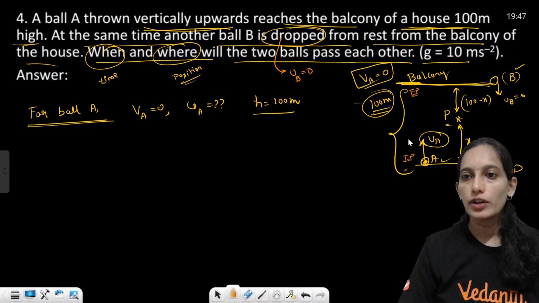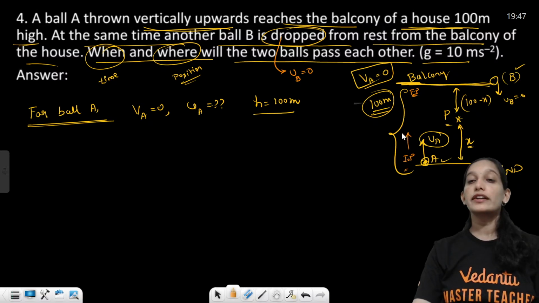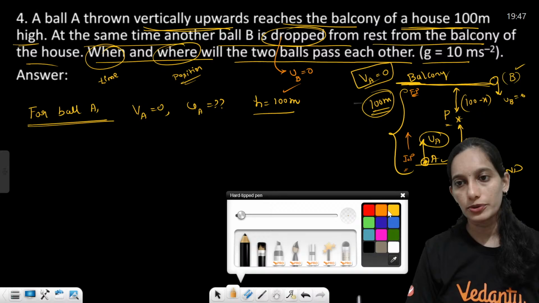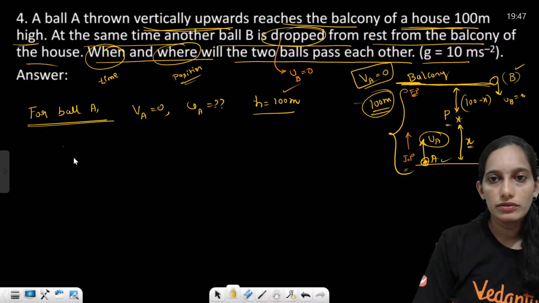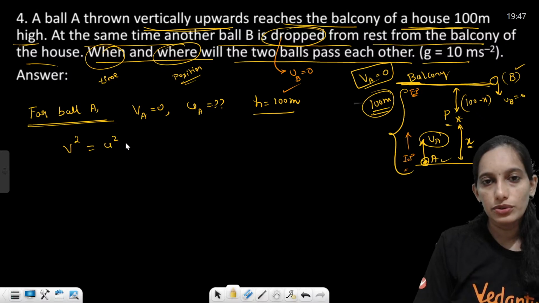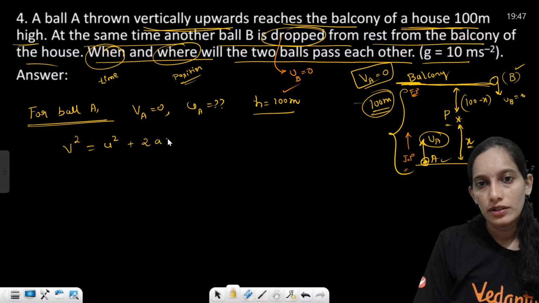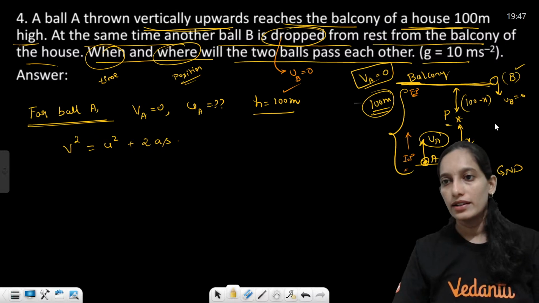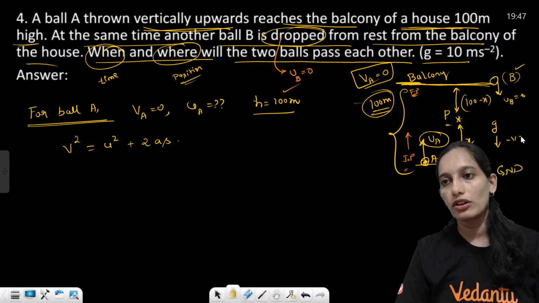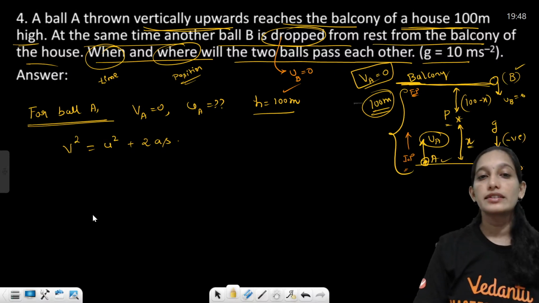In the upward direction the final position is above the initial position, so h can be taken as positive. Now we will consider v square equals u square plus 2as. Again there is gravity, we are not supposed to forget, and it is always acting downward, so I'll always take it negative as it is acting downward.